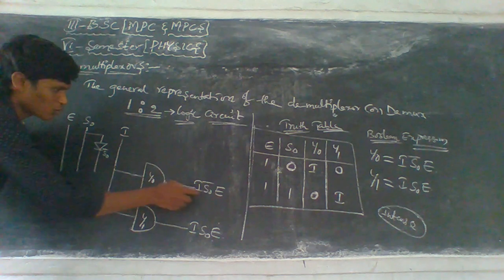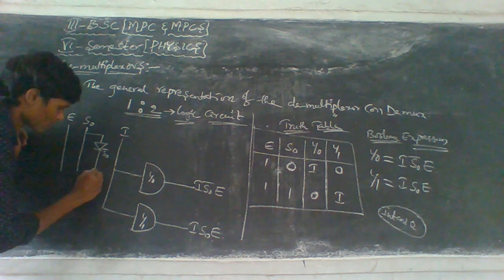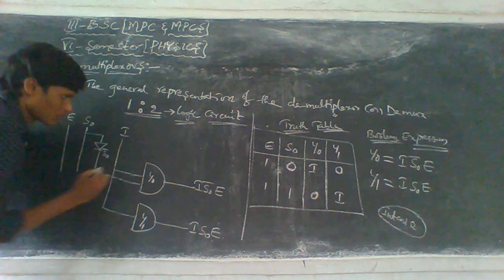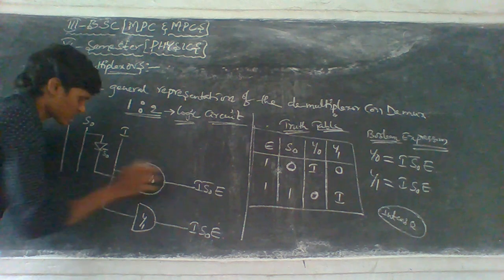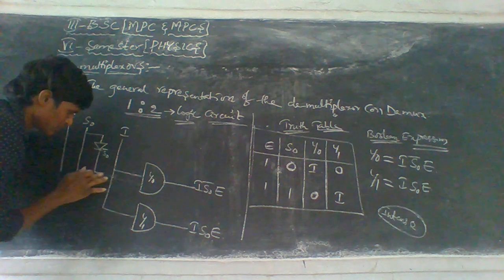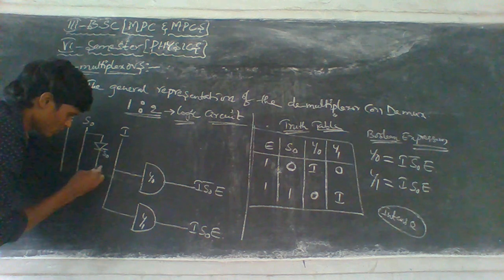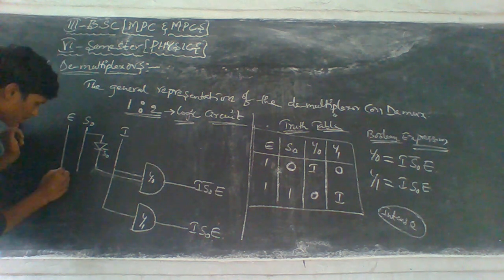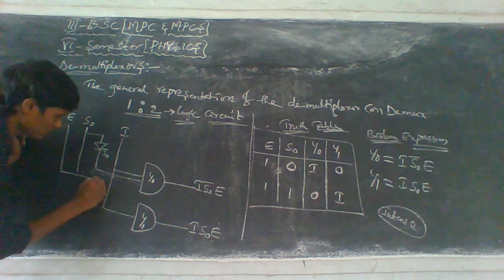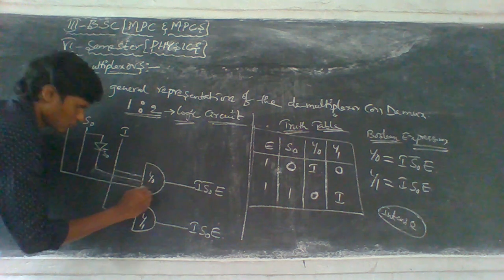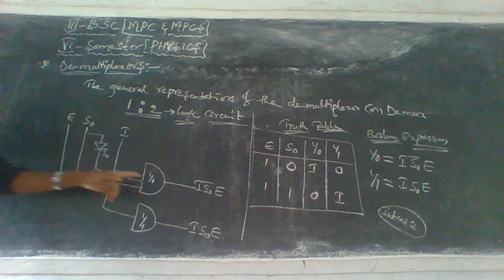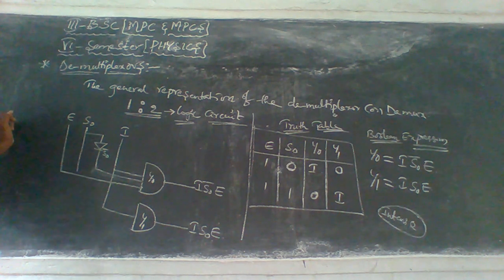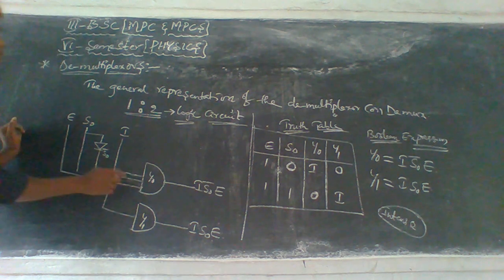So in the logic circuit, I is connected to the Y0 gate, S0 bar is connected to the Y0 gate, and E is also connected to the Y0 gate. This is for the Y0 Boolean expression.